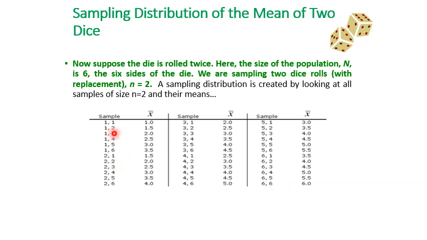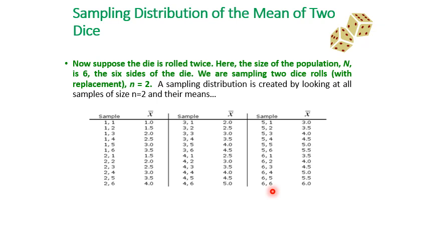So the 2 dice rolls, as we see from the 36 samples, can be 1 and 1, 1 and 2, 1 and 3, up to the last possible sample, 6 and 6. So at the end we have 36 possible samples when I roll a die twice.